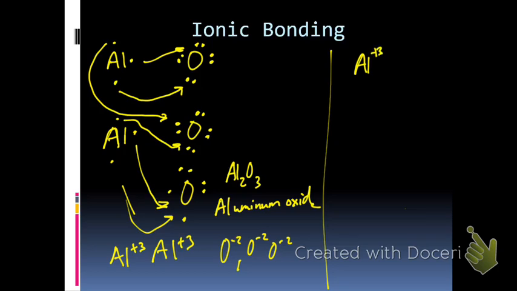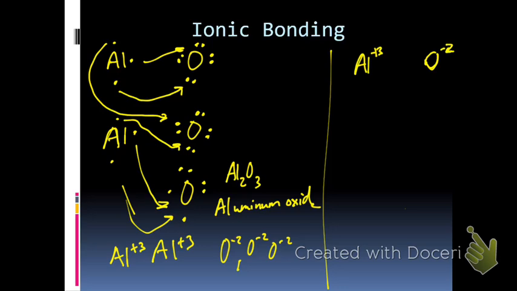Al3+ is the most stable ion of aluminum, because it removes those 3 and creates a full shell. Oxygen has 6 valence electrons, so it's going to be a -2. It needs 2 more electrons to become stable at 8.